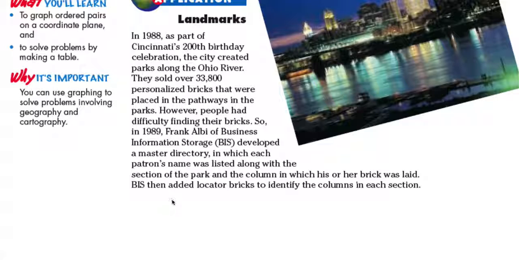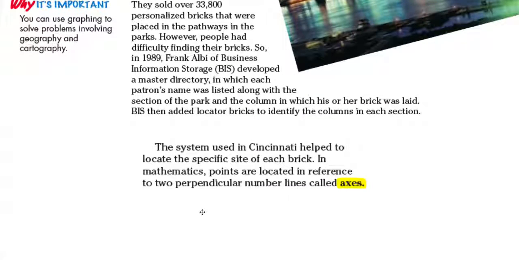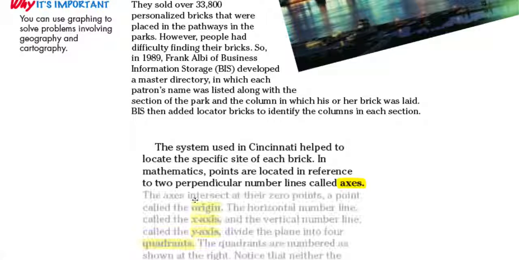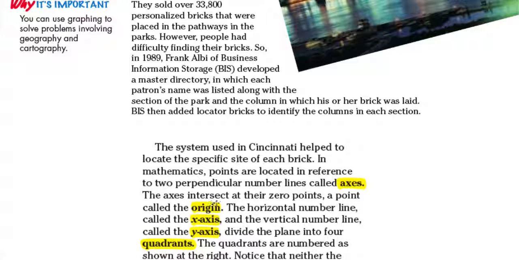Okay, so the system that they used in Cincinnati to help locate the specific site of each brick: in mathematics, points are located in reference to perpendicular lines called axes. The axes intersect at their 0 points, a point called the origin.